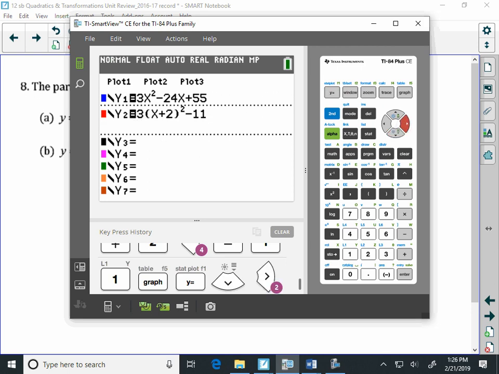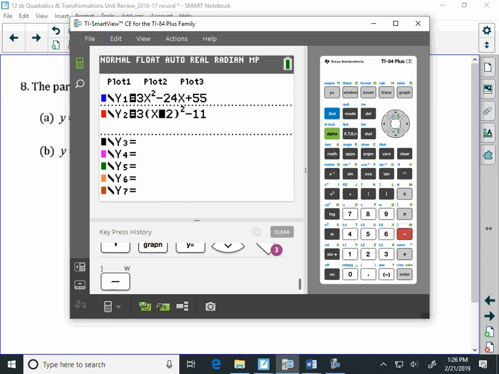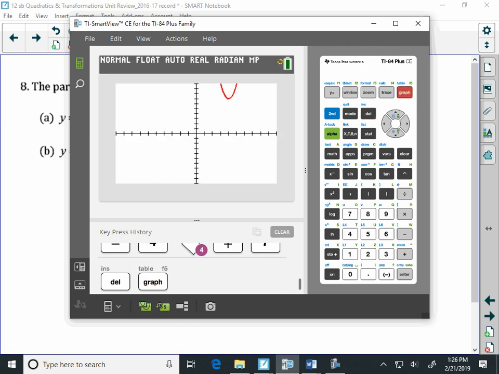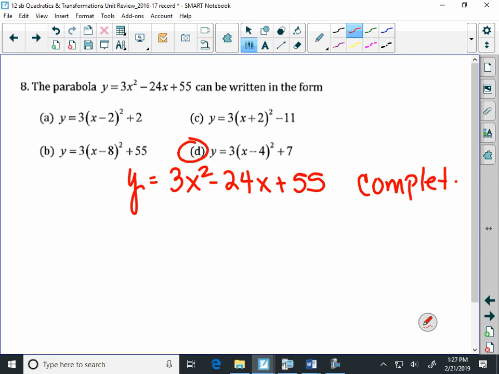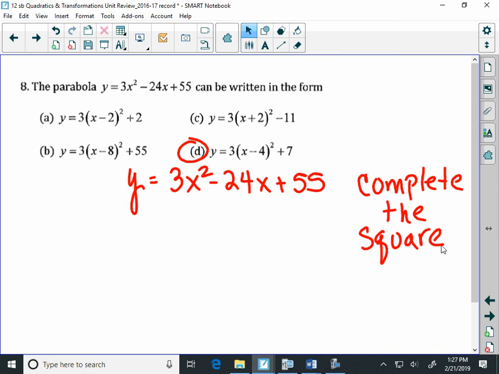And we get x minus 4, and then plus 7, blue. So it really is B. The other way to look at this is complete the square. A little bit quicker on using the graphic calculator, maybe not much.